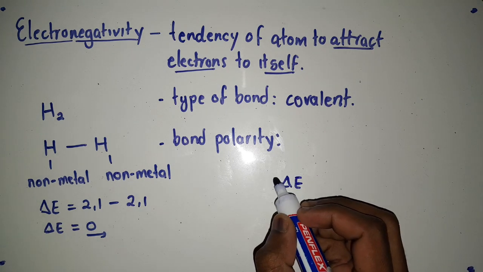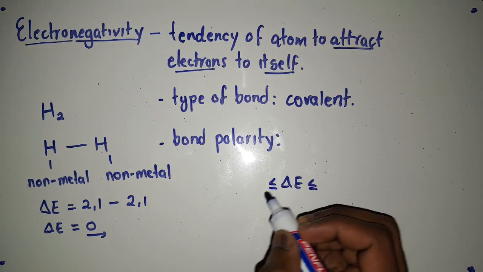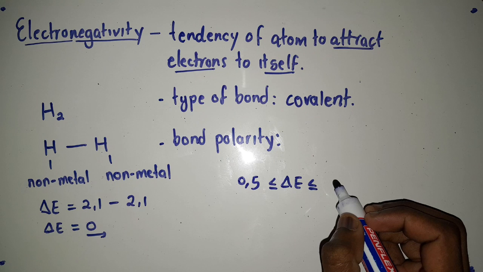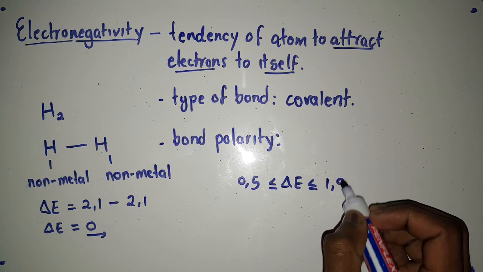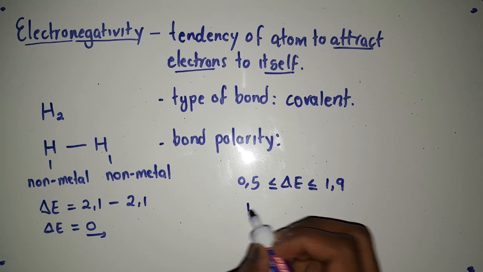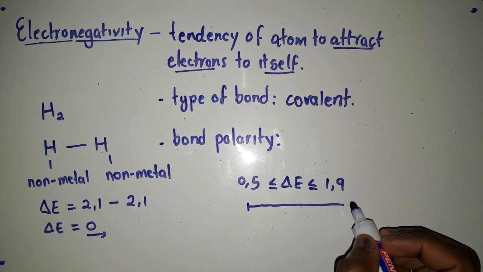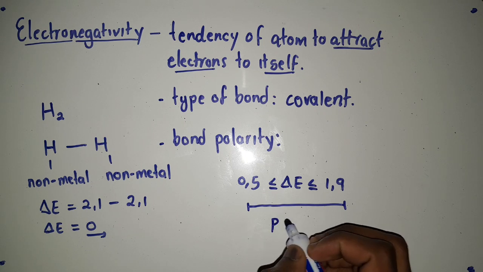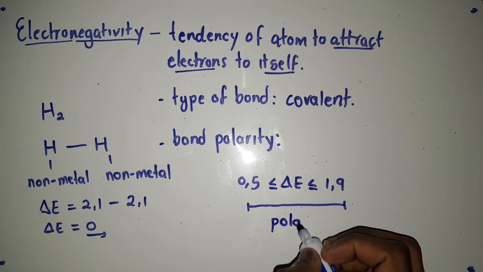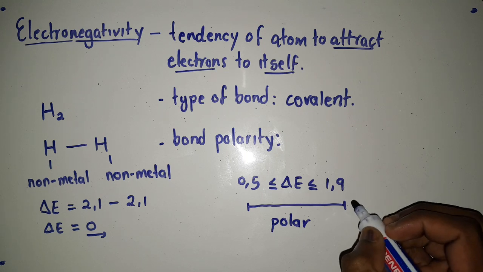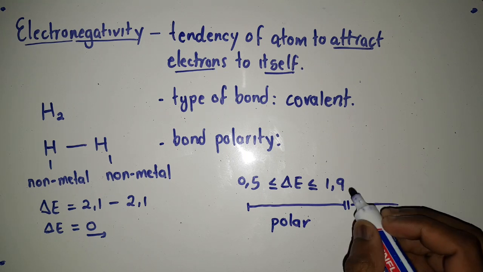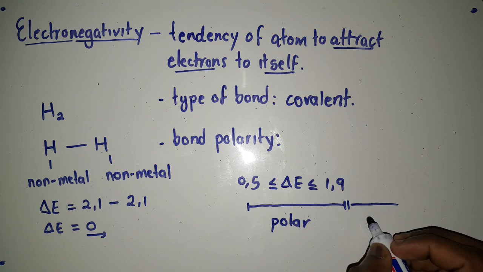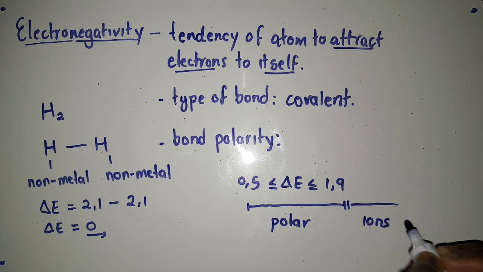Any value between 0.5 included up until 1.9 is going to be a polar covalent. A value above 1.9 is going to be ionic.